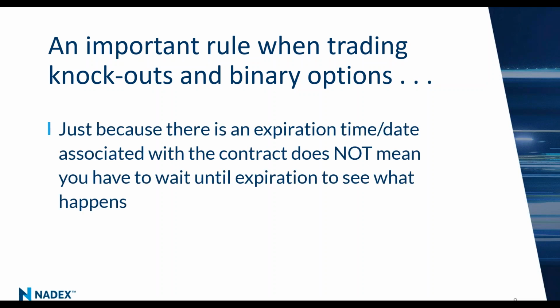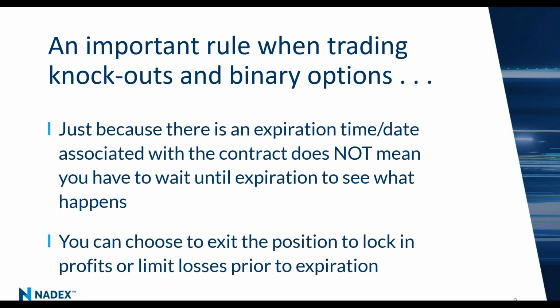So yes, we're going to trade a product that either has 5 minutes, hours, days, or a week. Just because there's an expiration associated with the contract does not mean you have to wait until expiration to see what happens. That's the interesting part, where you can make a prediction, and if you want to exit your position early, you can choose to do so.